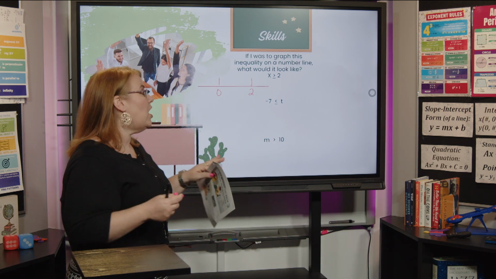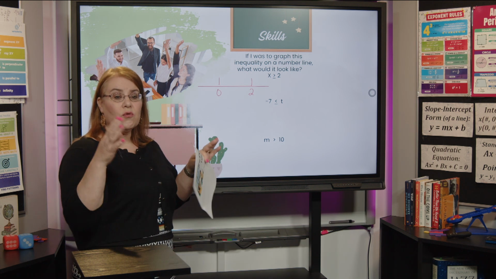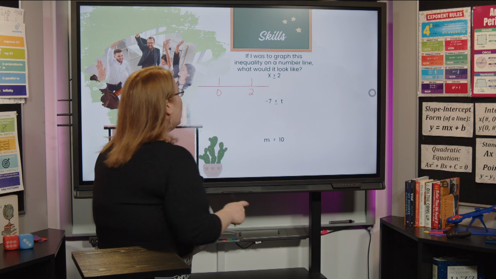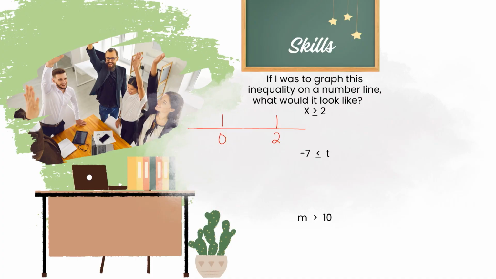As long as you show where the number is in reference to 0, it's okay just to put the 0 and 2. Now, it says that my unknowns are greater than or equal to 2. So I know that greater than or equal to is a closed circle, and I am going to graph where all my possible x's could be, so I am going to graph to the right.